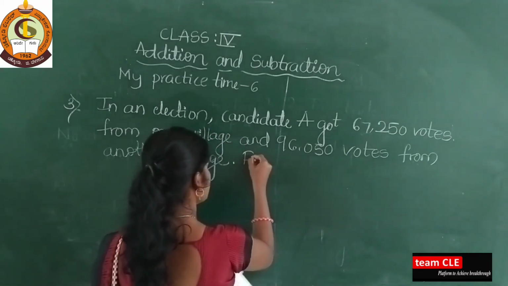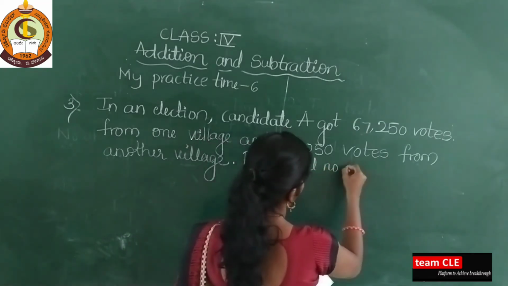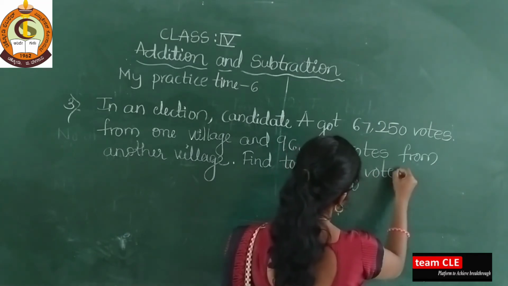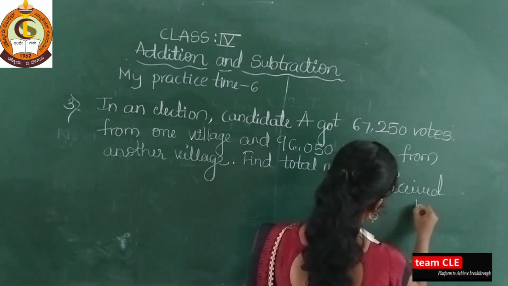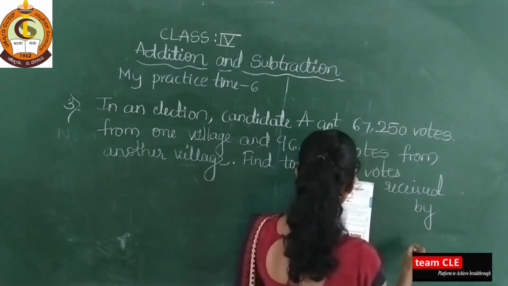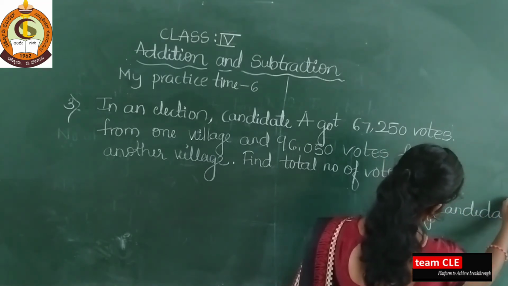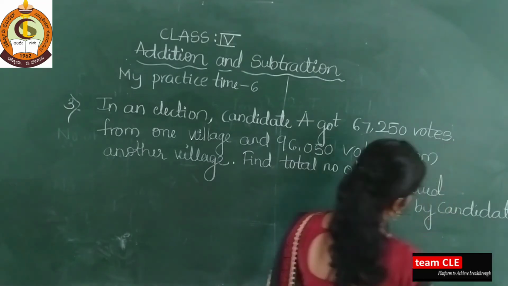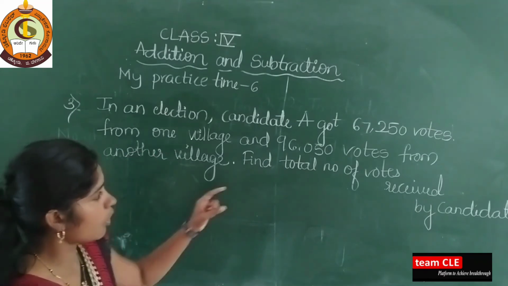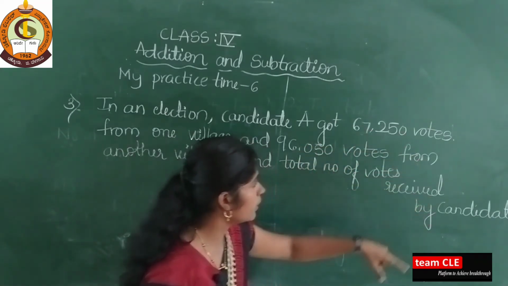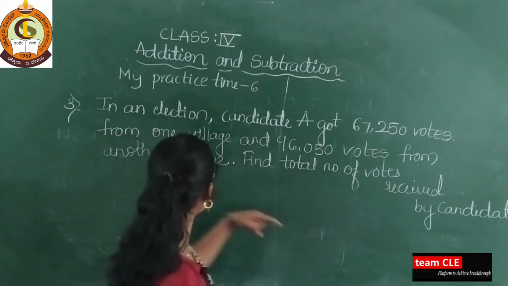Find the total number of votes received by candidate A. See here, the third question: in an election candidate A got 67,250 votes from one village and 96,050 votes from another village.